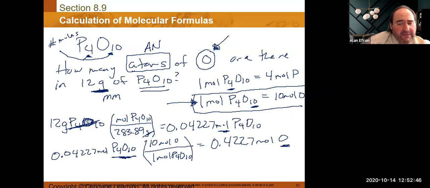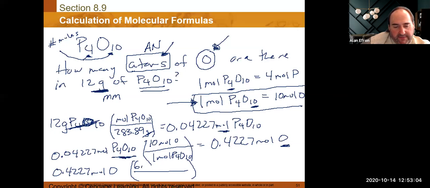And now what I have is moles of oxygen, but I need to get to atoms. So this is where we could use Avogadro's number. And if we do that, 0.4227 moles of oxygen, like we did earlier, Avogadro's number here is going to go on top, 6.022 times 10 to the 23 atoms per mole of oxygen. And that will end up getting us, we'll go with 2.5 times 10 to the 23 atoms of oxygen.